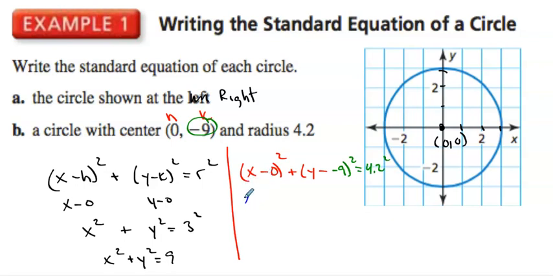Alright, so x minus 0 is just x squared plus, in parentheses, y plus 9 squared, right? So that's going to tell me to move my circle 9 units down. And then 4.2 squared, which is 17.64. And there's your second equation of a circle. Not too bad. So watch those negative signs in there.